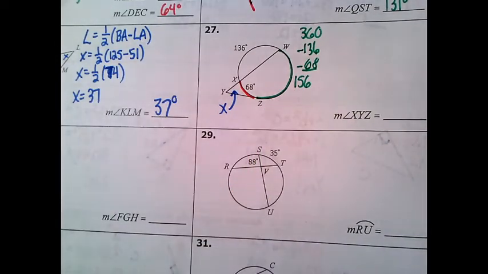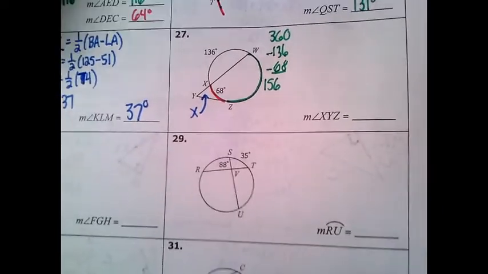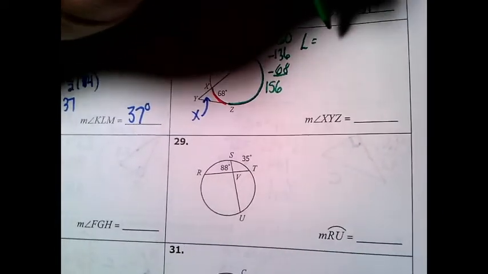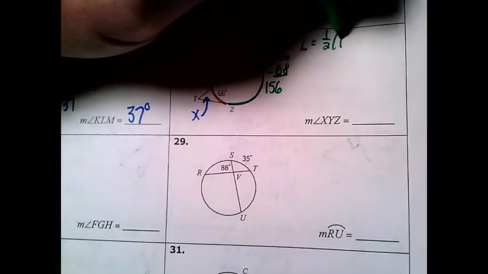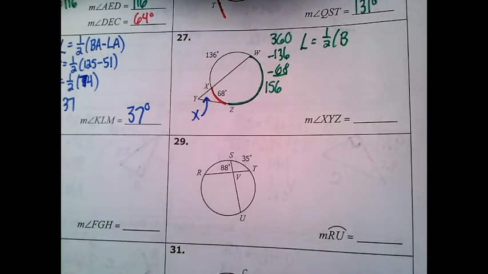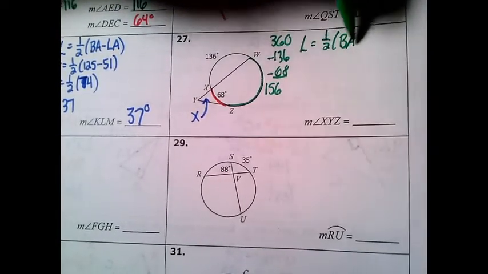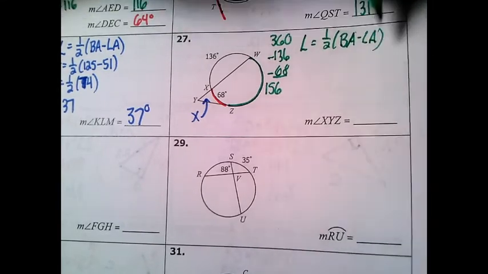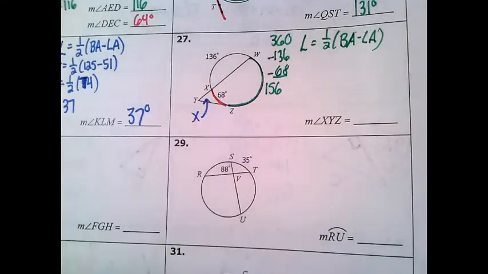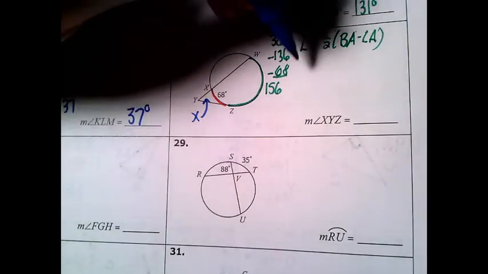So now I can do my formula. My formula says angle equals 1/2 big arc. Man, sorry, you can't see that. Big arc minus little arc. So my angle is x, right here.